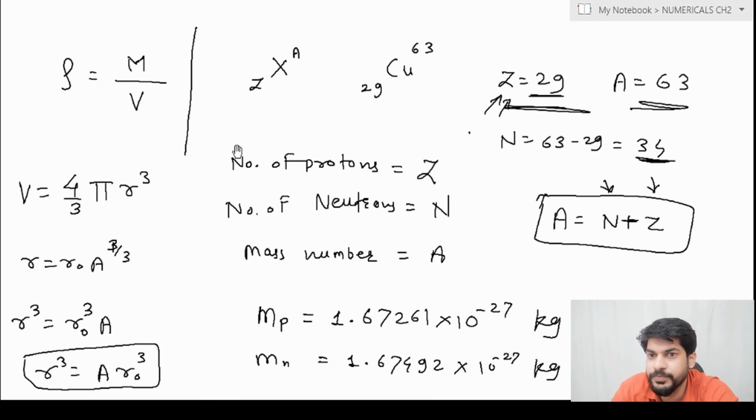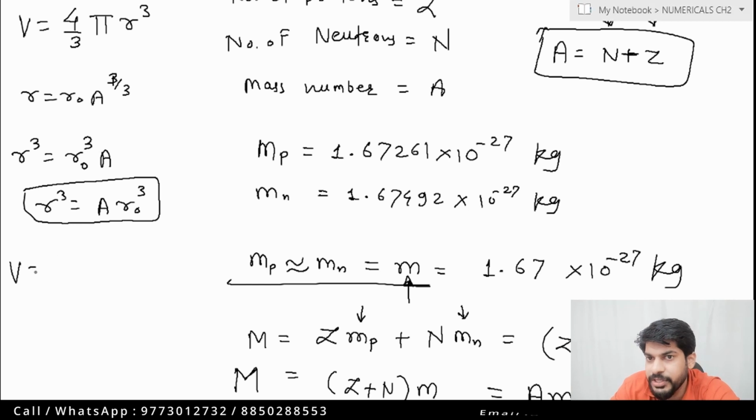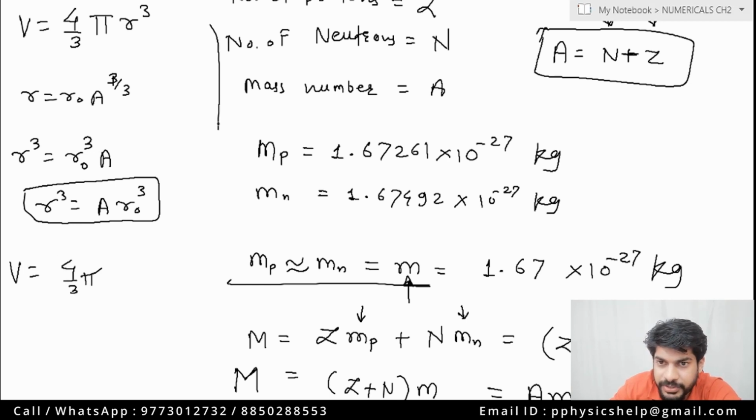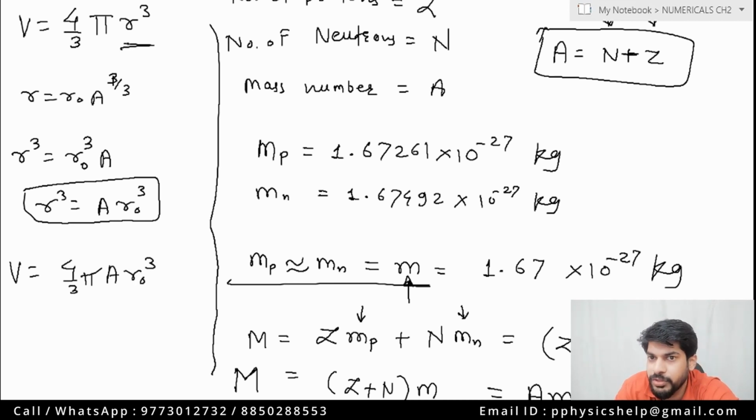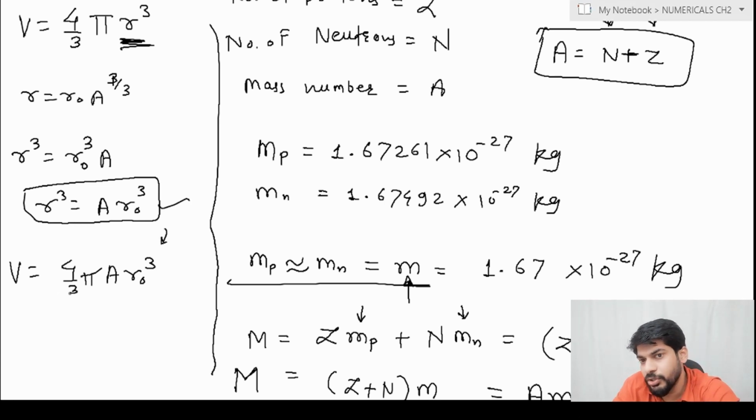Now let's put this value in our equation. So volume will be equal to 4 by 3 pi r cube. R cube is A r naught cube, right? Here we have put the value of r cube from this equation, so we have got 4 by 3 pi A r naught cube.